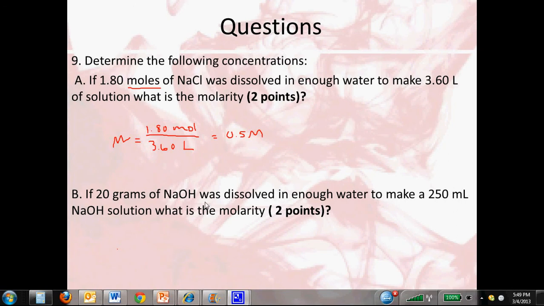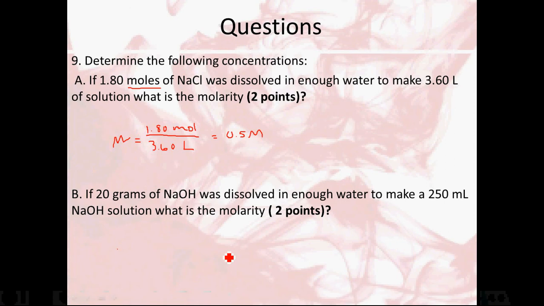Okay, and the last problem, 9b, says if 20 grams of NaOH was dissolved in enough water to make a 250 milliliter NaOH solution, what is the molarity? So this is going to require that we use the periodic table. Well, if you weren't me, of course, but I know these. So the molar mass of sodium is 23.